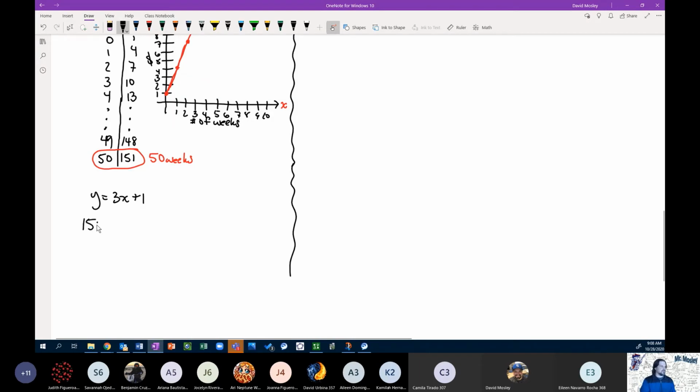So we would start with 150 equals 3x plus 1, and then solve for x.